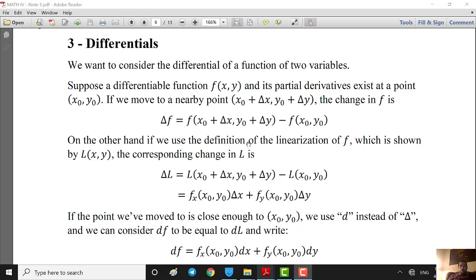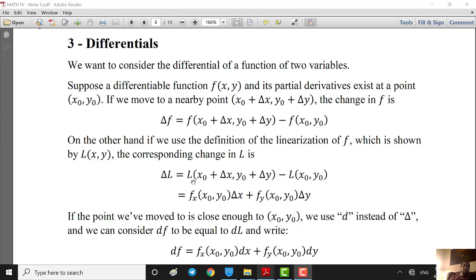Now, we have found delta f. On the other hand, if we use the definition of the linearization of f, which gives you an estimation of the value of f, then the corresponding change in L is going to be delta L equal to L at the destination point minus L at the departure point.